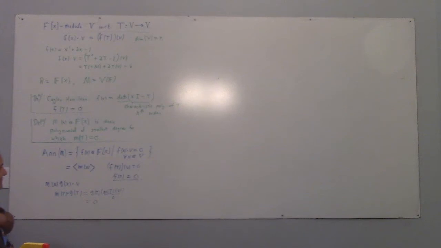So that shows you any multiple of the minimal polynomial is in the annihilator, but you can also use the fact that this is the polynomial of least degree for which m(T) equals 0 to see that it has to be the generator.